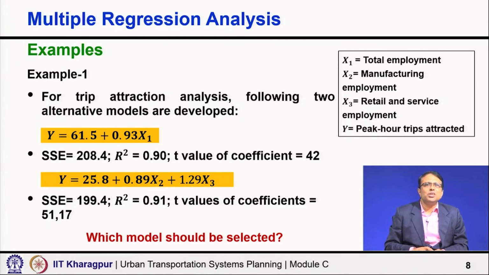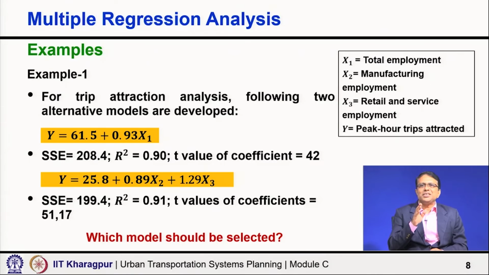In the second equation I get 25.8 plus 0.89 x 2 plus 1.29 x 3, R square is 0.91, which is also very high, even 0.01 higher than the previous one, and t values are 51 and 17, that is fine. One thing I should tell you: with the t value we are only worried about whether it is statistically significant or not.